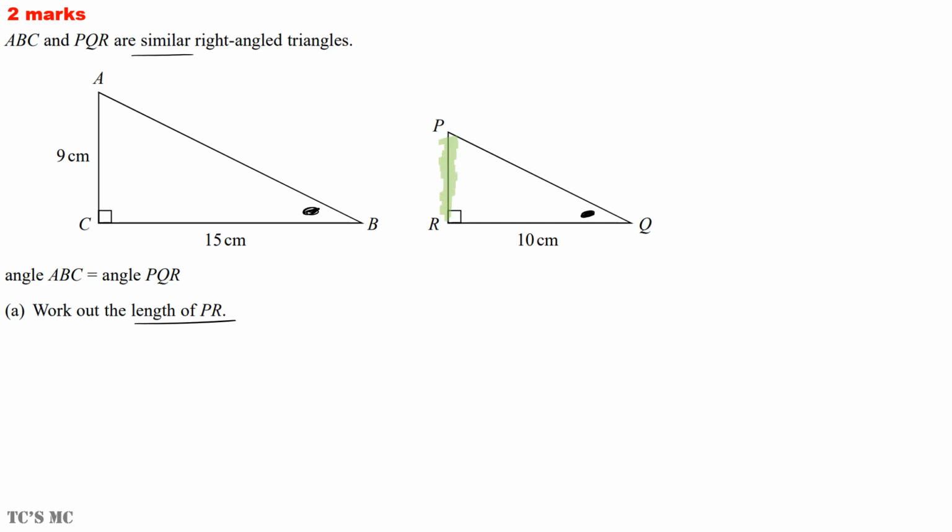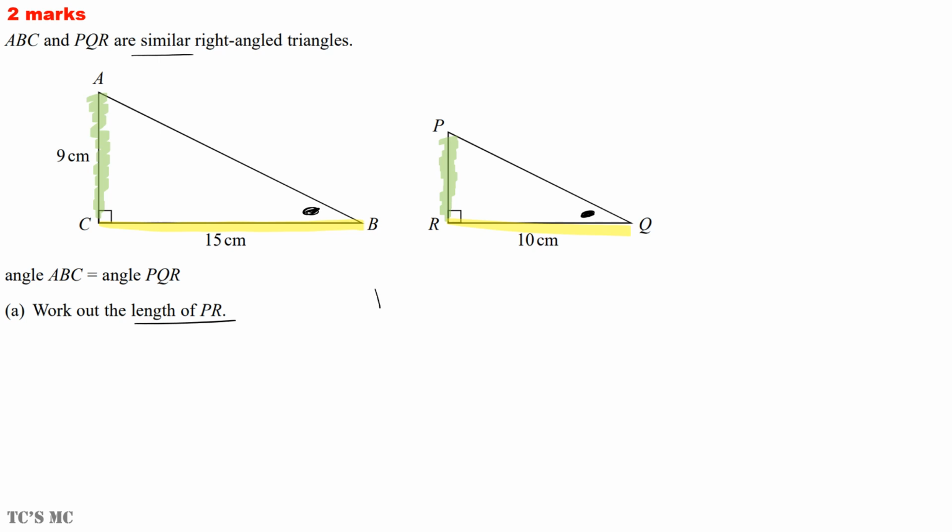It's always good to match up any corresponding lengths. So if PR is over here, then the corresponding length would be AC. The other corresponding lengths I can work with are BC and QR. And I haven't been given figures for AB or PQ, so there's no need to worry about them.